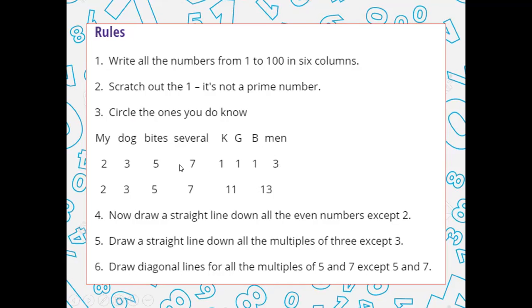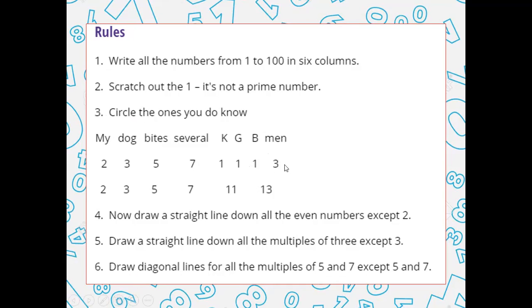Now let's recap on this. We'll put down 2, 3, 5, and 7. Now for KGB, let's take these numbers together, joining them. So let's put 11.